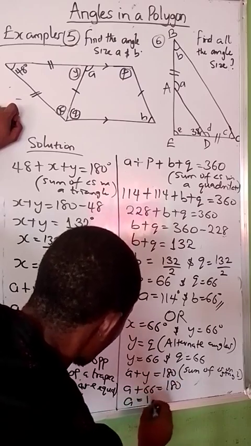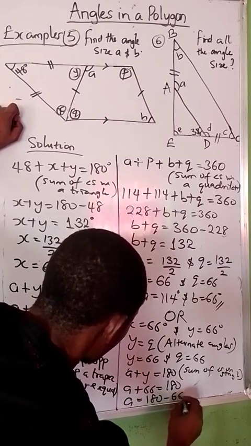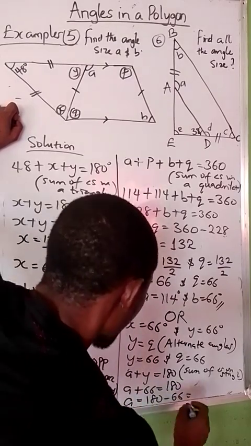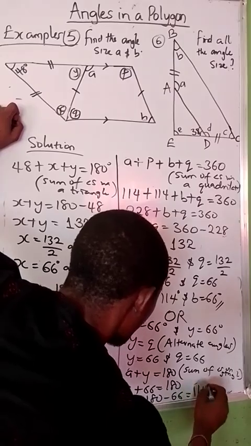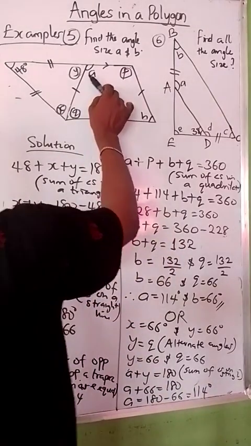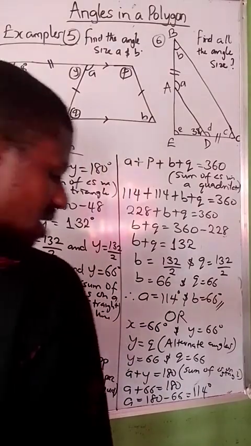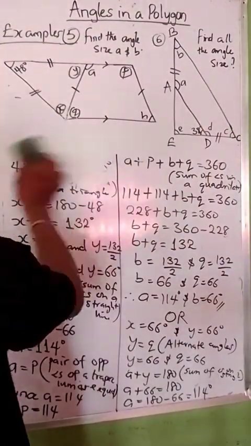So A equals 180 minus 66. So our A will be 114 degrees.